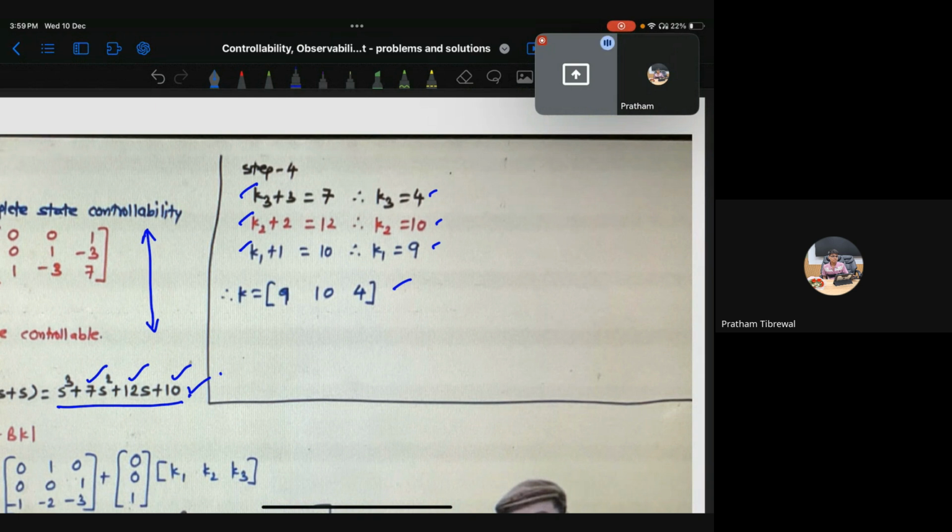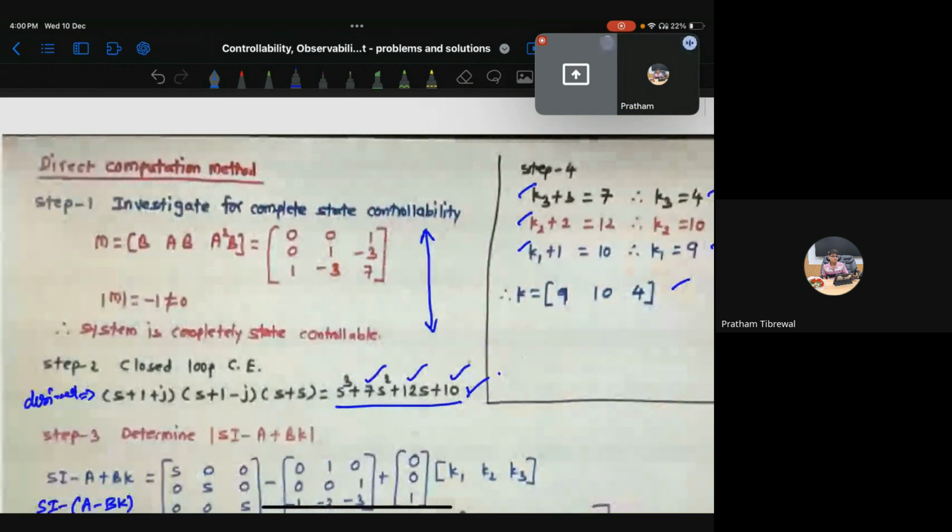So three methods you can use to place the desired poles in the s plane, which is called the pole placement technique. For the pole placement technique, before designing, you have to check the controllability.